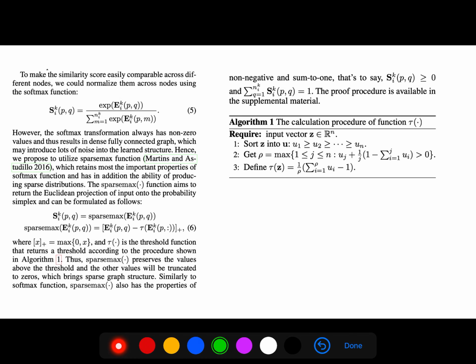Then to make similarity scores easily comparable across different nodes, we should normalize them across nodes. So this is expensive because, again, the denominator could be a large sum. You should sum over all nodes. But you are taking similarity scores across different nodes.